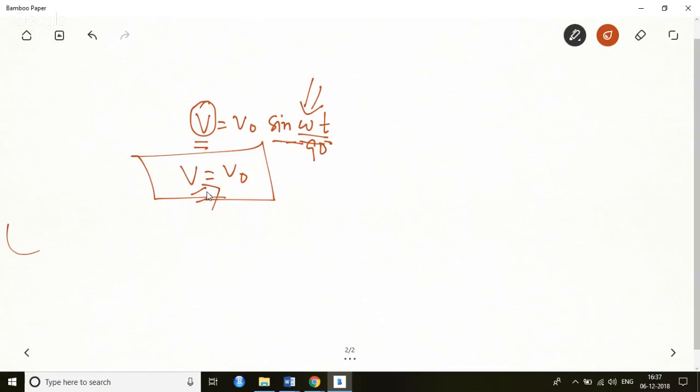The construction is like this. You have a galvanometer, so we have a galvanometer for our reference.